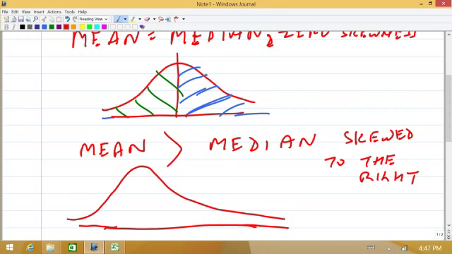In this case, the blue line is mode, the purple line is median, and the green line is mean.